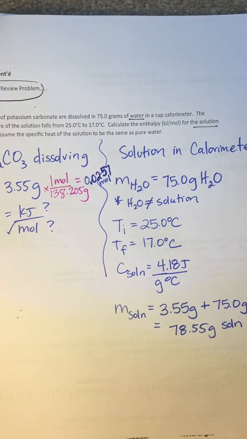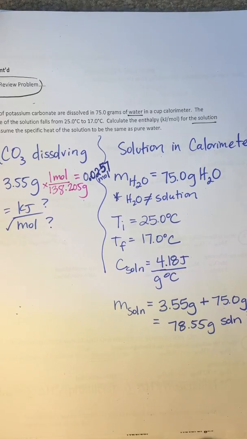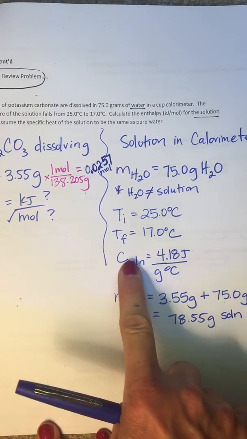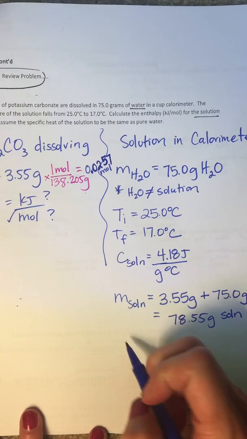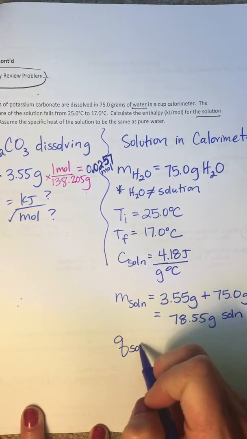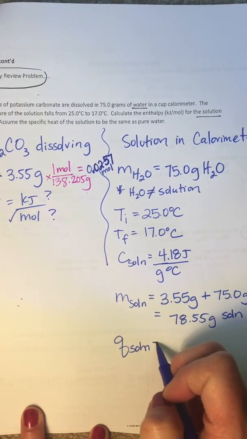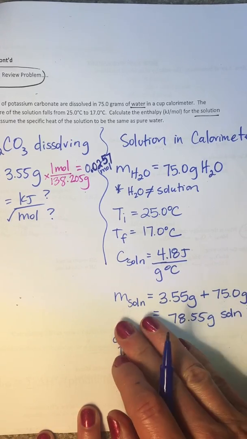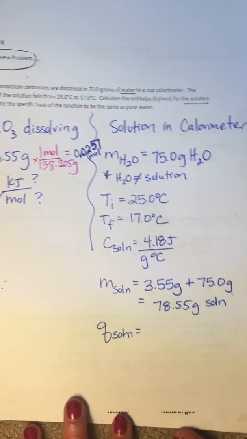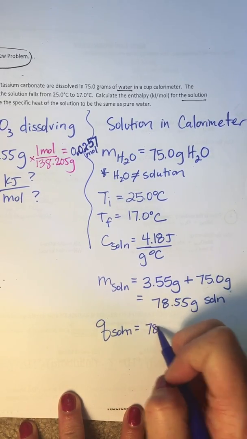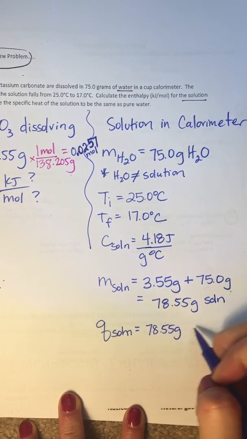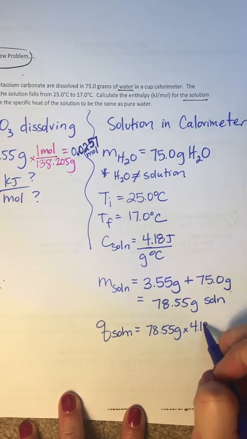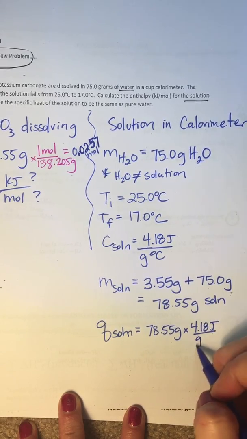Okay. Now we're ready to do the problem. We have all of our variables here for our MCAT equation. So the Q for the solution, again, we are taking the time to label what our Q is. Don't just write Q and M. Who is it for? So we have our mass of our solution. We have our specific heat of our solution.